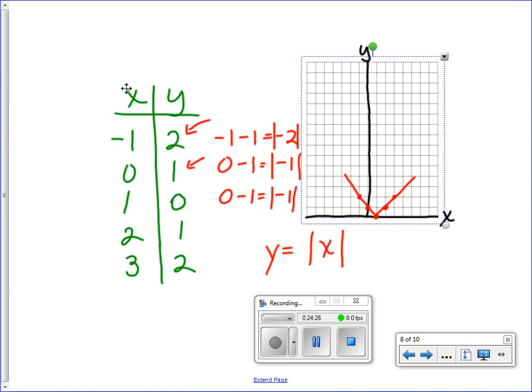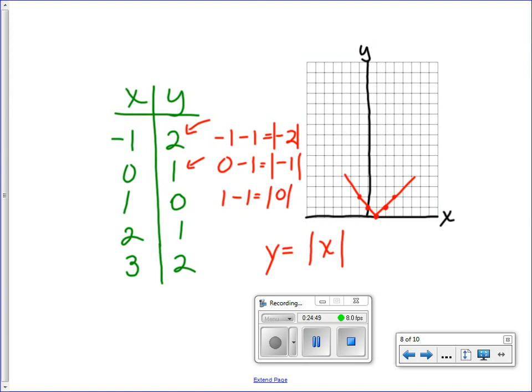I'm sorry, 1 minus 1 is 0. Let me erase this. That looks like Greek. All right, I'm starting to do it again. 1 minus 1 is 0.